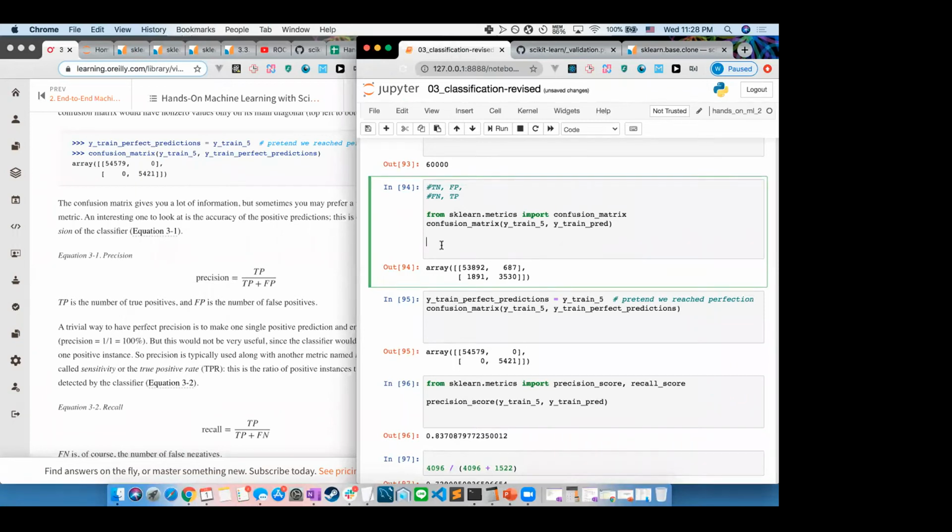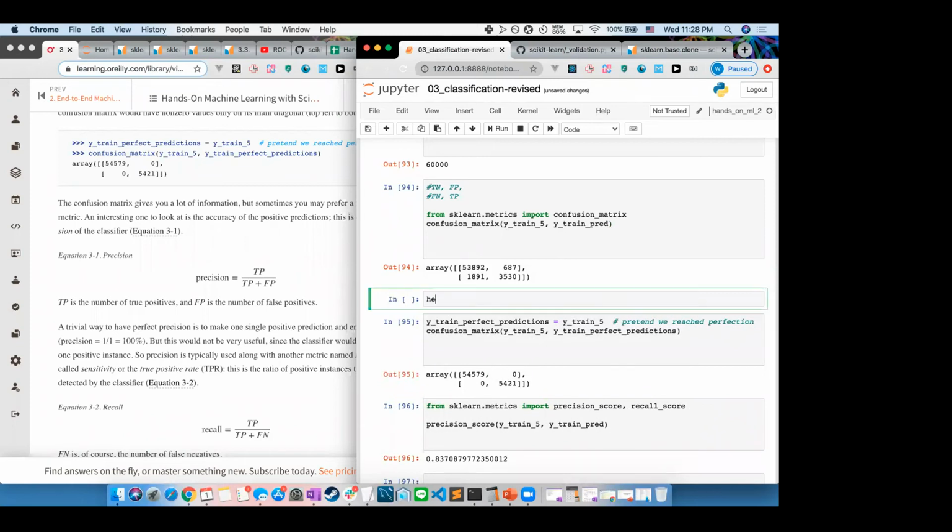So column 0 and row 0 is not a 5, not a 5. You just have to be aware of what the definition of your particular confusion matrix is. In other words, you should be able to say what any element in the confusion matrix is telling you. What is row 1, column 1 telling you? What is row 2, column 1 telling you, and so on.